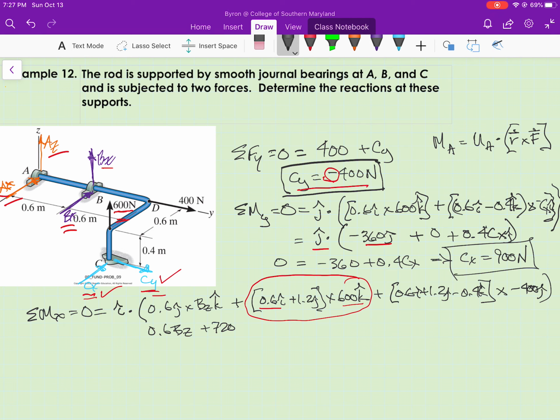And for the last one, again, I only have to worry about the results of this R cross F, this moment, that are in i. So 0.6i crossed into negative 400j is going to give me k, so I don't worry about that one. j cross j is 0. And I do have to worry about this one.